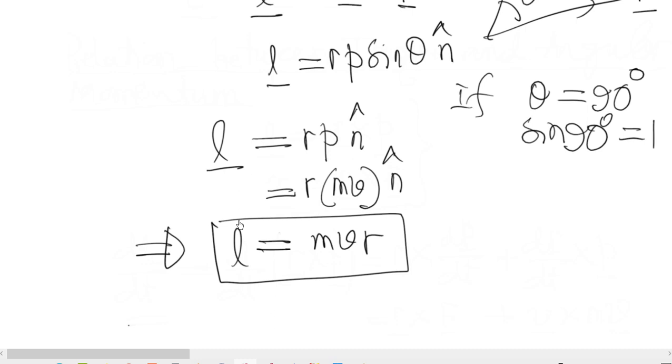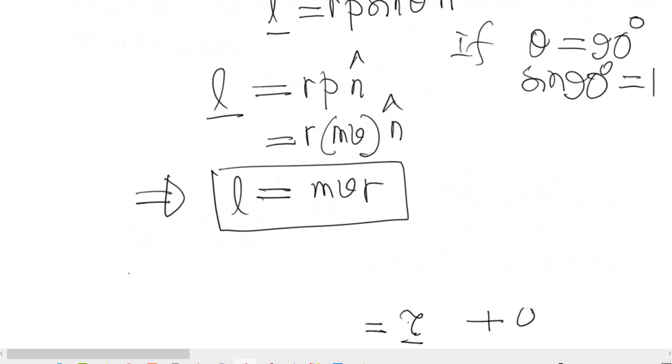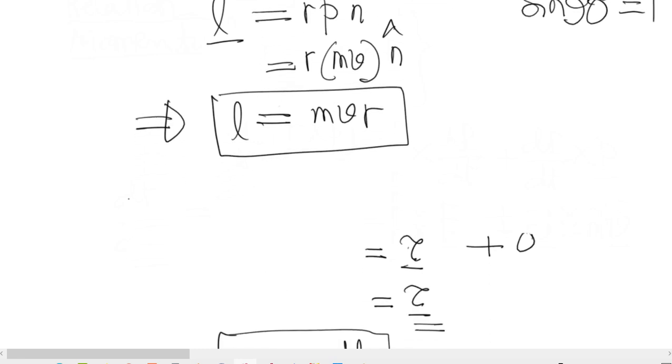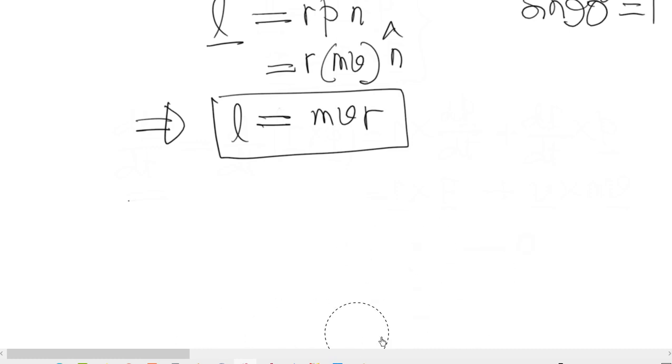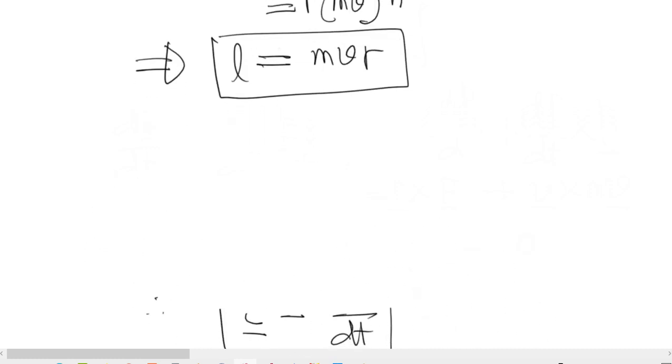Now if we have a particle, we put the index j, because we do not have a single particle. For a rigid body, we have many particles. So for the jth particle we can write down this relation L equals m v r.